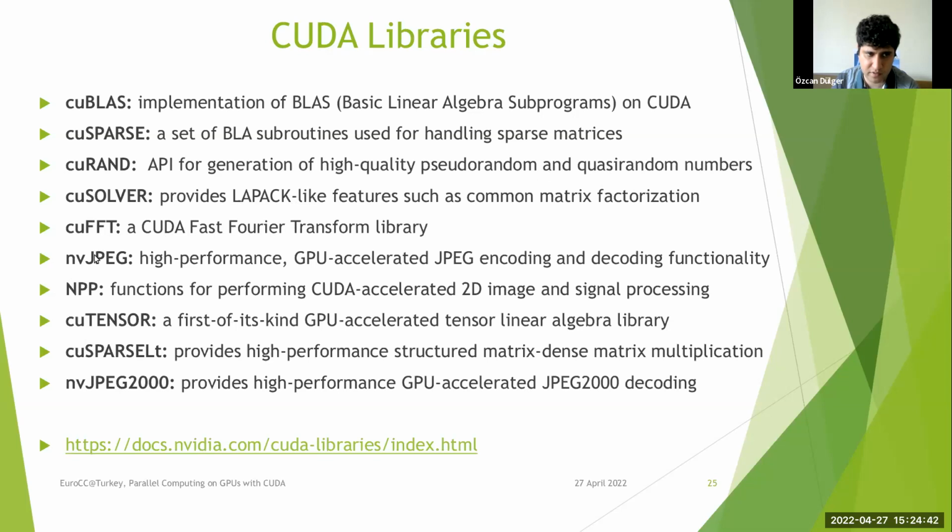The others are NVJPEG, NPP, cuTENSOR, cuSPARSELt, and nvJPEG2000. So this is the website of these CUDA libraries, and you can get more detailed information through this website.